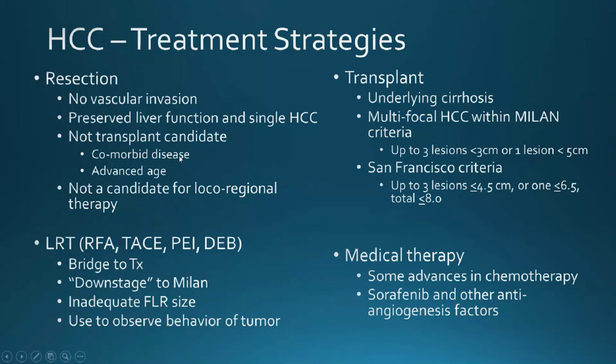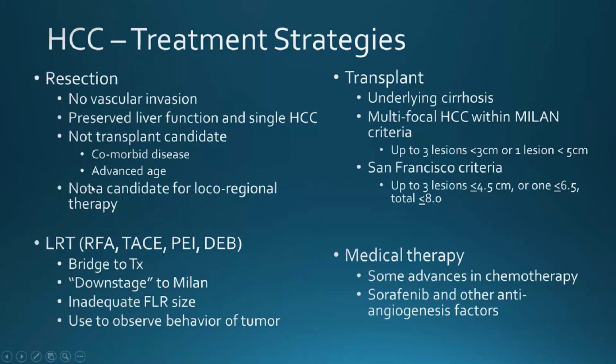Really, comorbid diseases are more important than advanced age. We do transplant patients with hepatocellular carcinoma if they fulfill criteria, even if they are in their 70s. But comorbid disease like heart failure, cardiac issues, pulmonary issues make it a little more risky to transplant these patients because of the poor outcome.